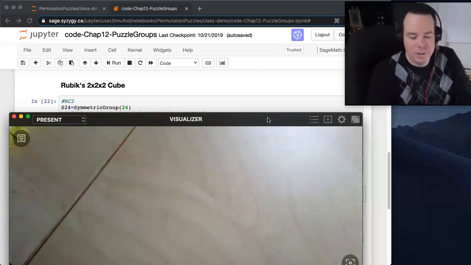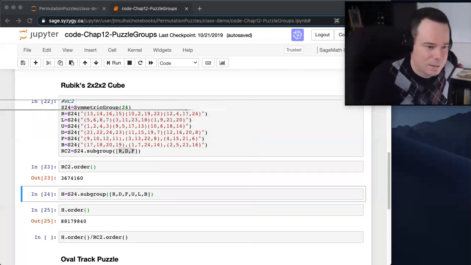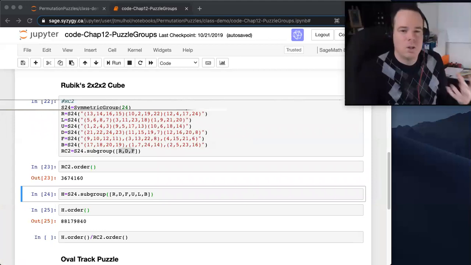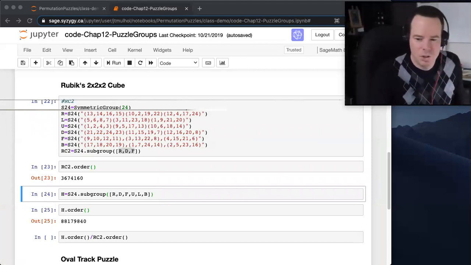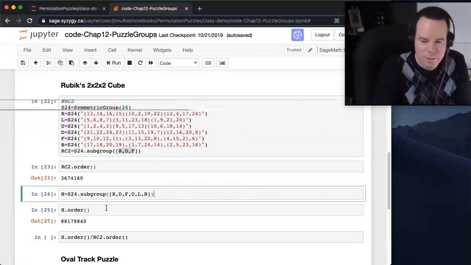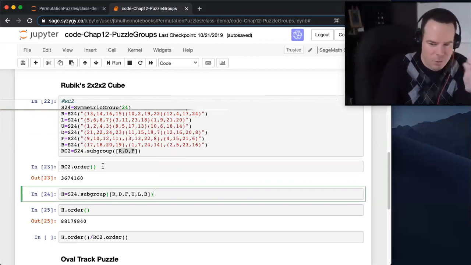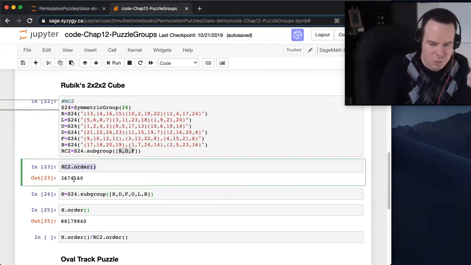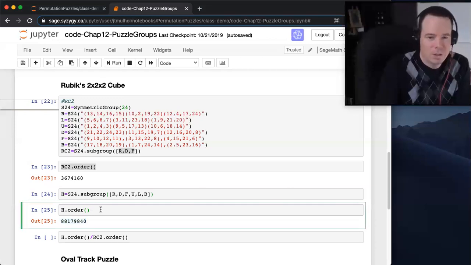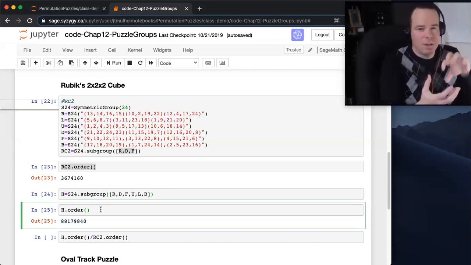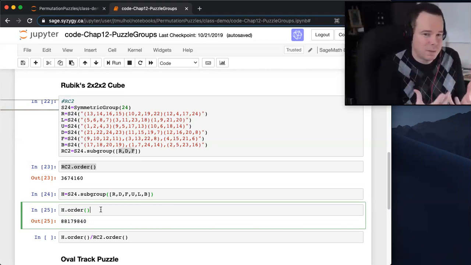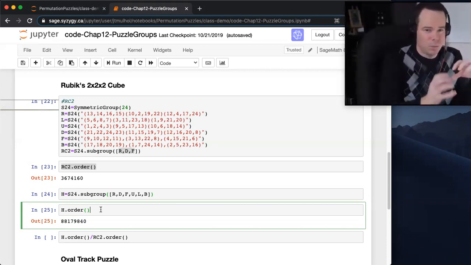That's what Sage is detecting. It's detecting that the cube has changed orientation. And so when I realize that, I say, okay, this is the actual size of the group, the 3.5 million. What I've computed here is actually a bunch of different orientations of the cube that are all in the solved state, but it's been rotated.